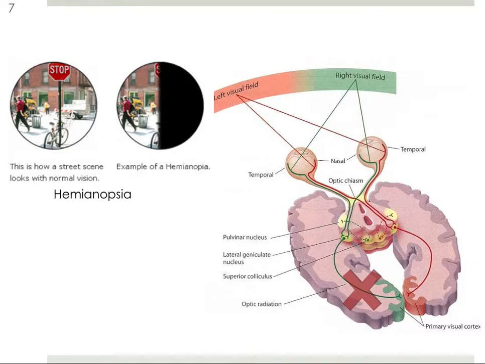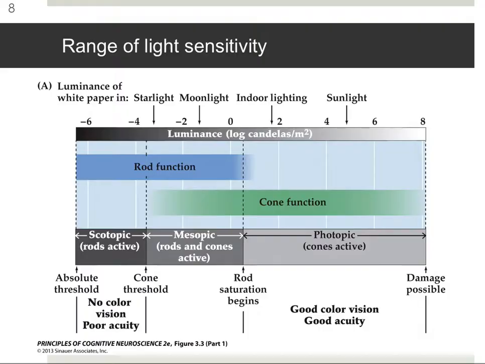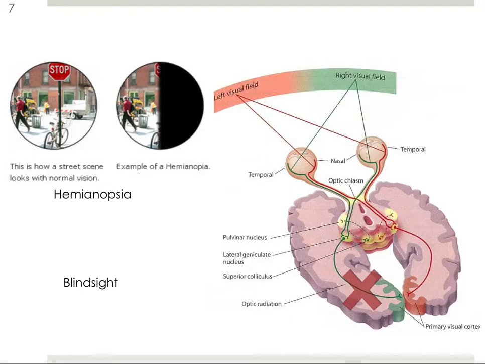So if you don't have a left visual cortex, you won't have information from the right visual field. So that's hemianopsia.